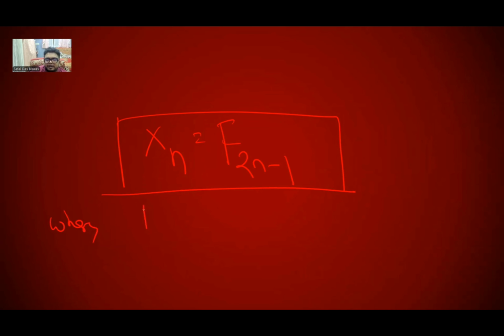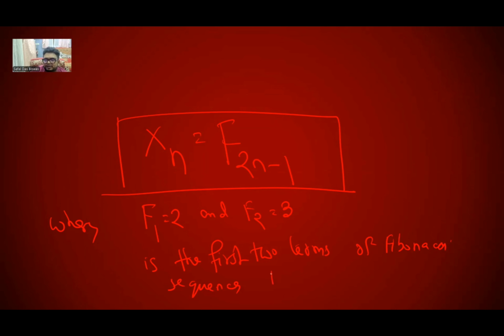Finally we have xn equals f of 2n minus 1, where f1 equals 2 and f2 equals 3 are the first two terms of the Fibonacci sequence. And this is the solution.